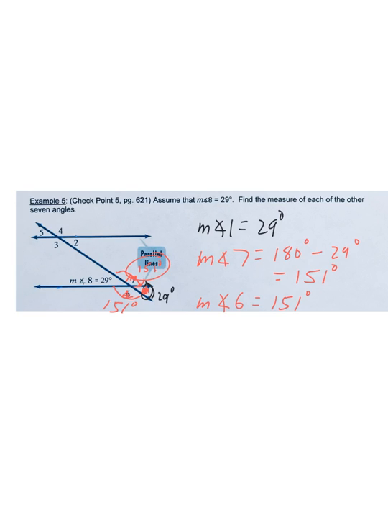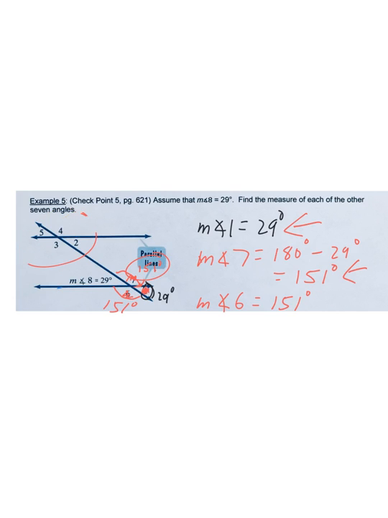All right, so again, we know that the other 4 angles that we have not touched yet, each of those 4 angles is going to be either 29 degrees or 151 degrees. Whenever you have a transversal cutting through parallel lines, each of the 8 angles will be one of 2 angle measurements every time. You're guaranteed that's going to happen.